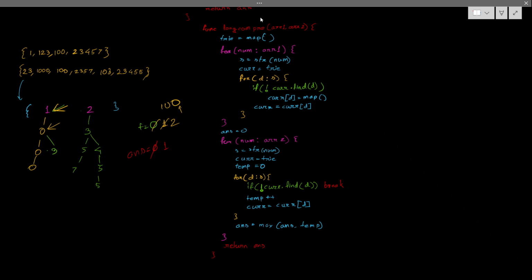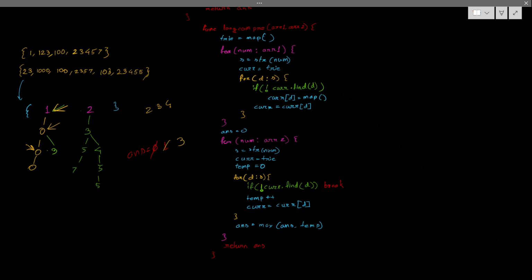Yes, this 0 is also present under this 0. So temp becomes 3 and current becomes this 0. Now if you notice, my 100 is gone. Temp is 3. At the end I have to check answer equals the maximum of answer and temp. So 3 is the answer. Done. Last number is 2 3 4 5.